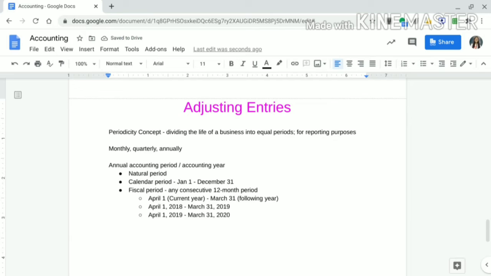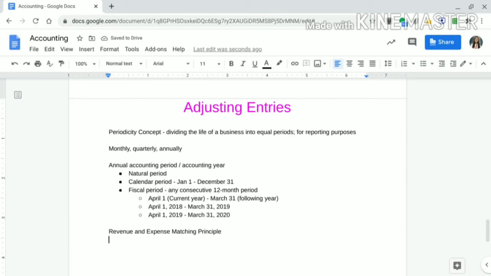process. So, the next one is, ito yung pinaka-importante kasi ito yung reason kung bakit ginagawa yung adjusting entries. So, we have to recall about what we call the revenue and expense matching principle. Diba?